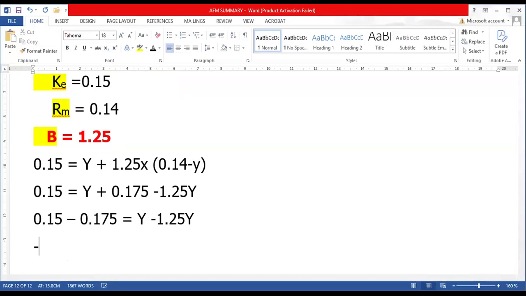Negative 0.025 is equal to Y minus 1.25Y. That is like 1 minus 1.25. What do you get? Negative 0.25.